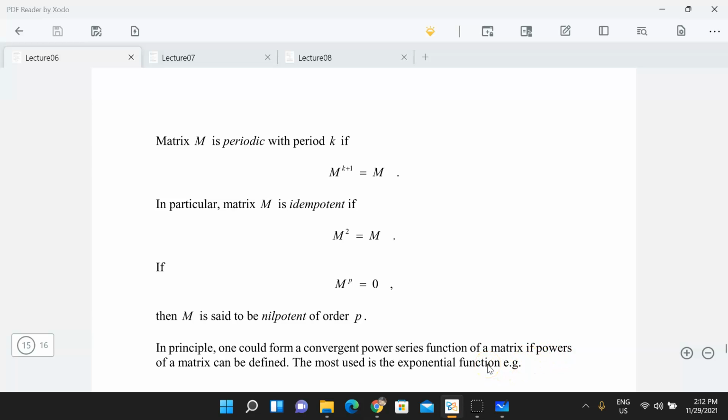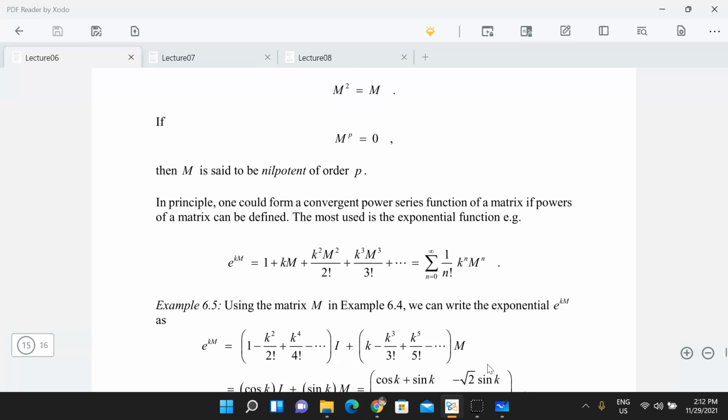So one of the things that one could actually do is to take a power series for a particular function, and use that power series, replace the variable by the matrices, okay, and then essentially you have functions of matrices.